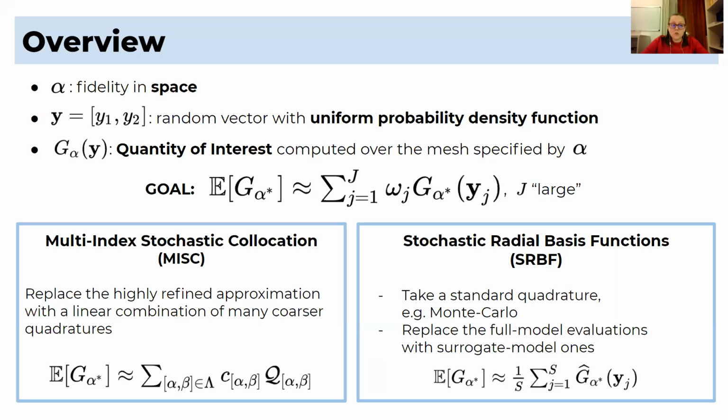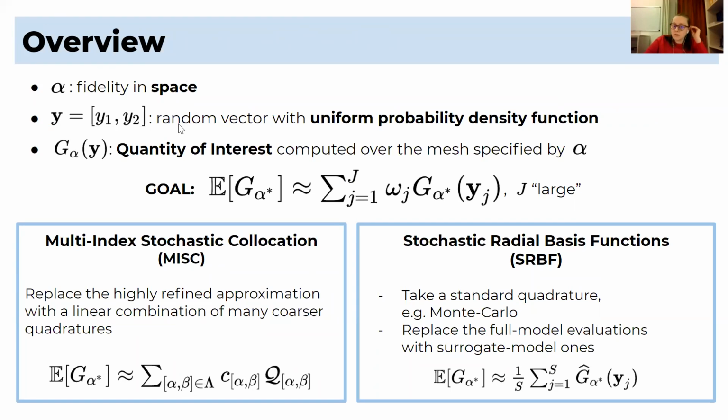And with G of alpha, I want to denote the quantity of interest computed over the mesh specified by alpha. The ideal goal would be to have an approximation of the expectation of the quantity of interest over a very refined mesh, and using a lot of samples in parameter space.